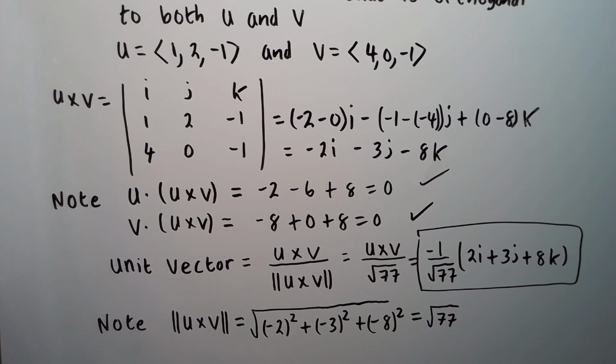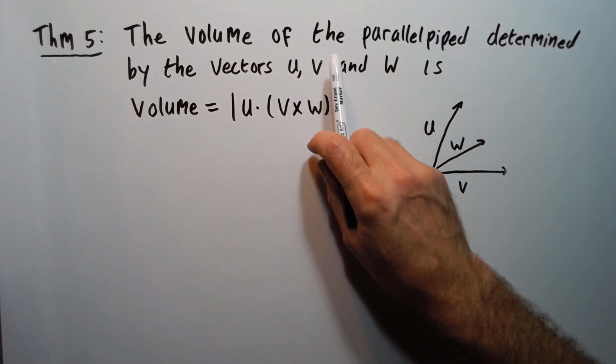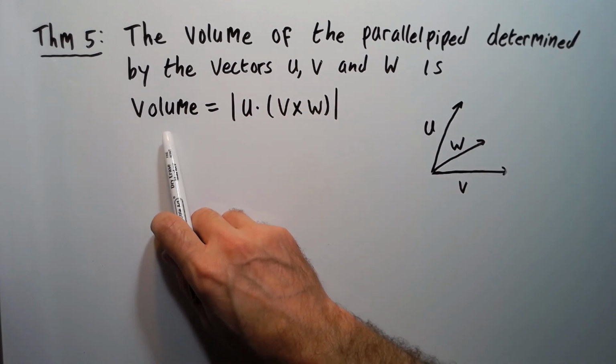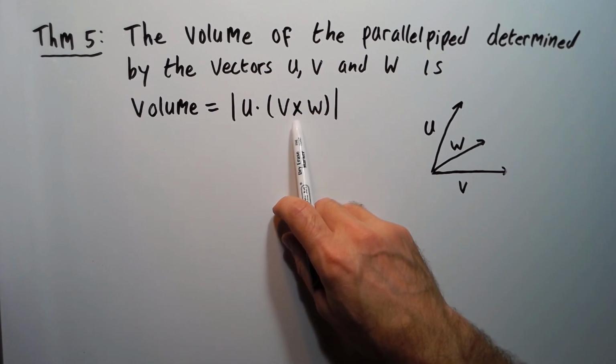Okay, now we're going to go on to another theorem now, Theorem 5. So let me state that. I'm going to write some things here. So Theorem 5 says the volume of the parallelepiped determined by the vectors u, v, and w is given by absolute value of u dot v cross w.